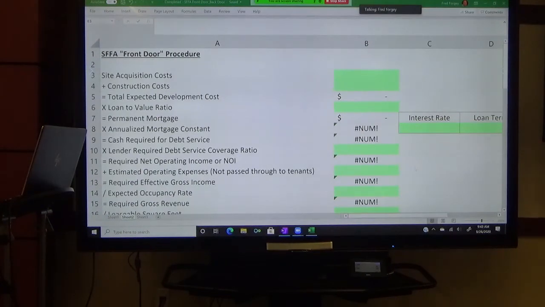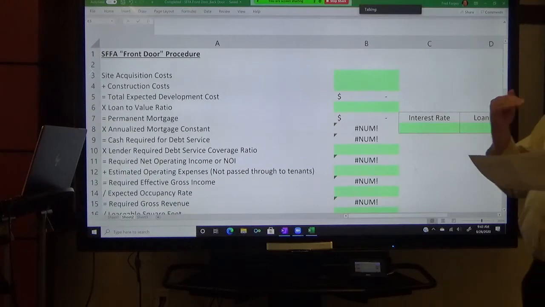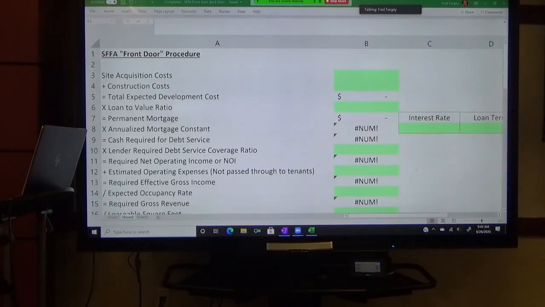Now, the backdoor approach is where you go from the other angle. You have a property that maybe you want to acquire, or you just know the prevailing market rental rates for a particular property type within a particular area, and you work from that angle.